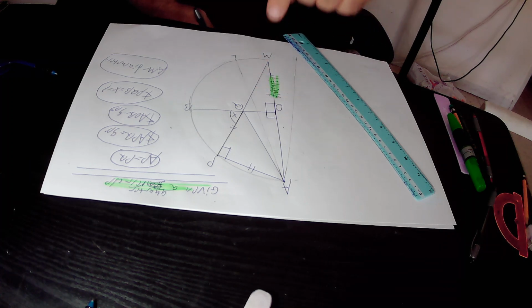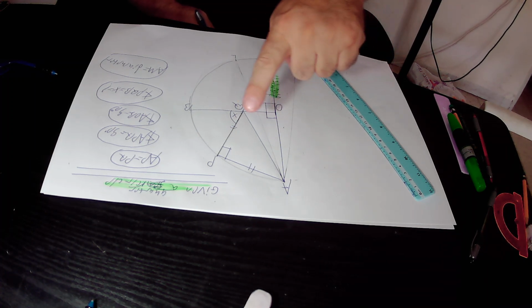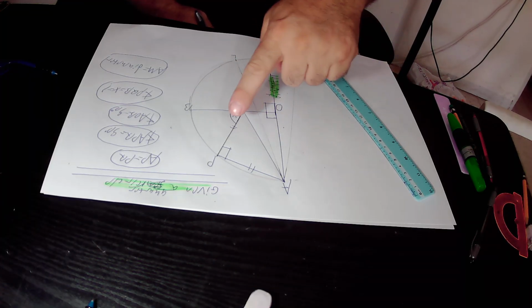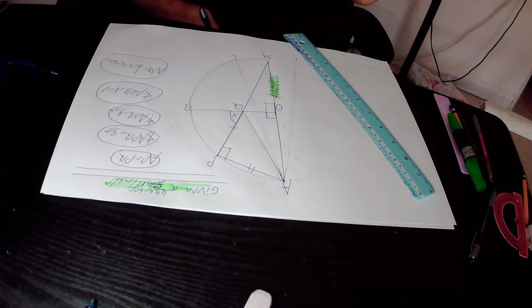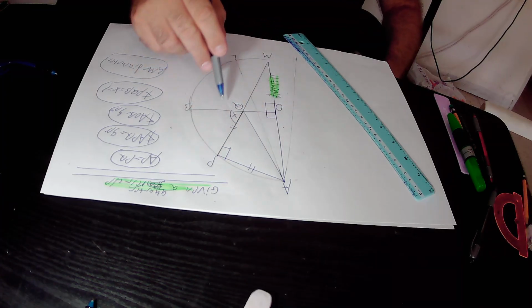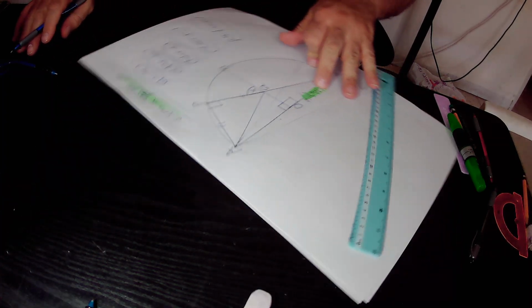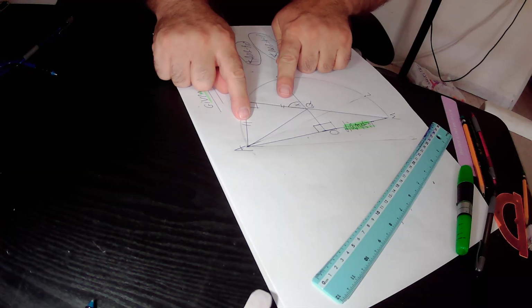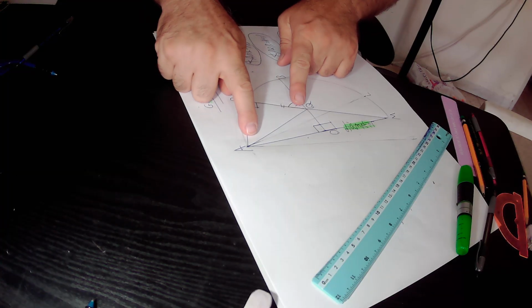Triangle APQ is a right triangle because angle APQ is a right angle. Triangle APQ is also isosceles because side AP equals side PQ. And we have the rule that in front of equal sides in the triangle there are equal angles. So in the right and isosceles triangle APQ, in front of those two equal sides, we have those two angles that must also be equal to each other in size.